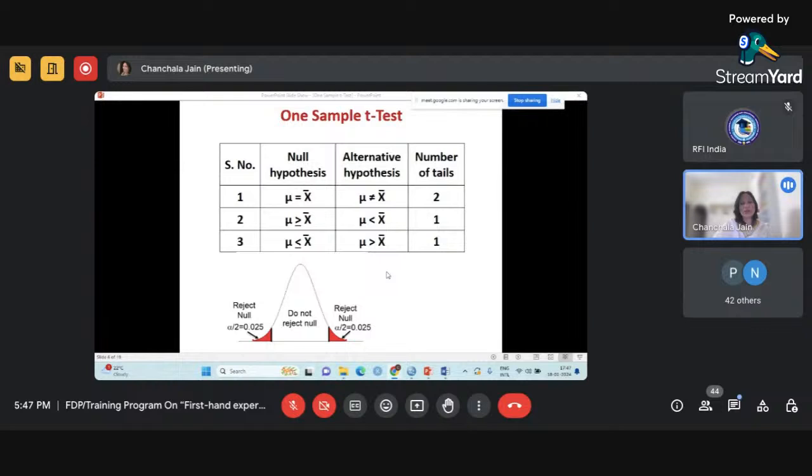But when you are clearly saying one-tailed test, your rejection region will fall at either of the tails. If it is a left tail test, the rejection region will fall at the left hand side. If it is a right tail test, the rejection region will fall at the right hand side of the tail. Okay, I hope this slide is clear.